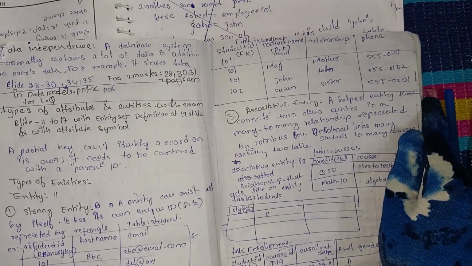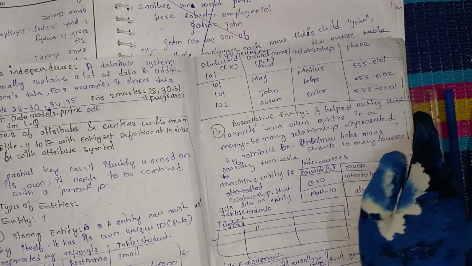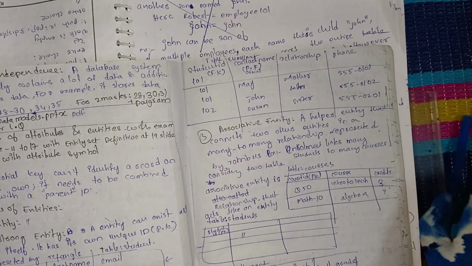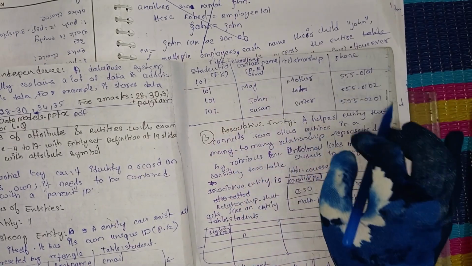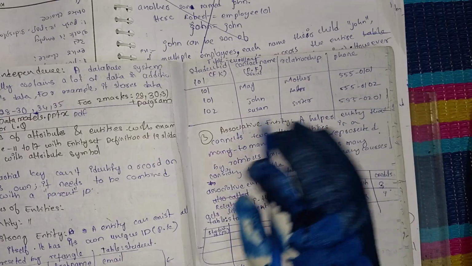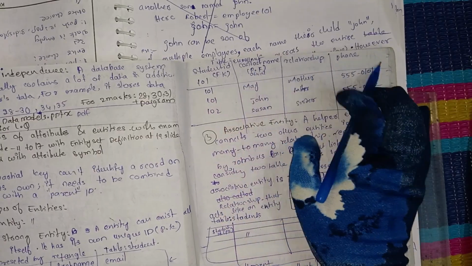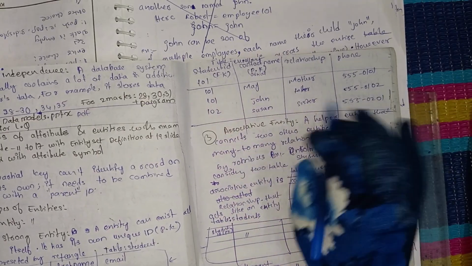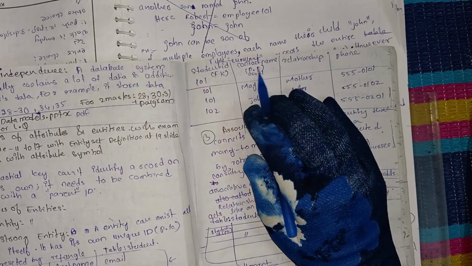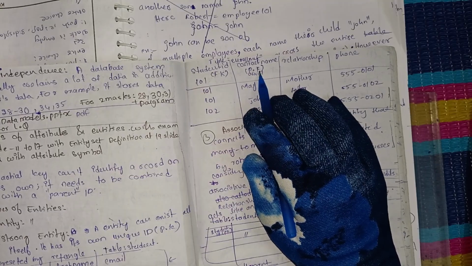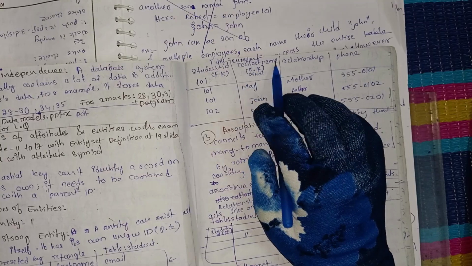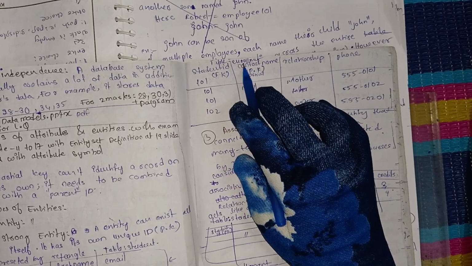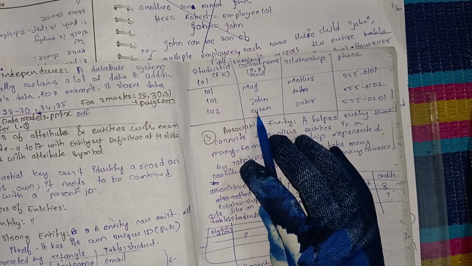Here, first consider only these three columns. Consider these three columns as a weak entity table. It contains primary key, meaning partial key, which is contact name, and the table name is enrollment.